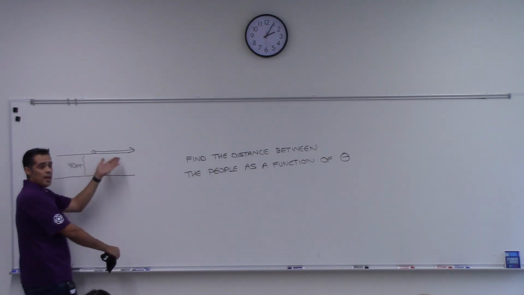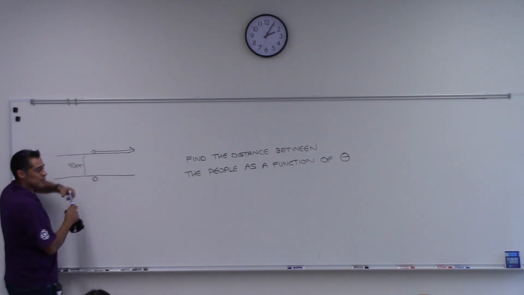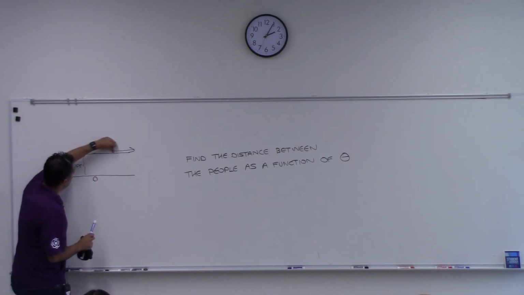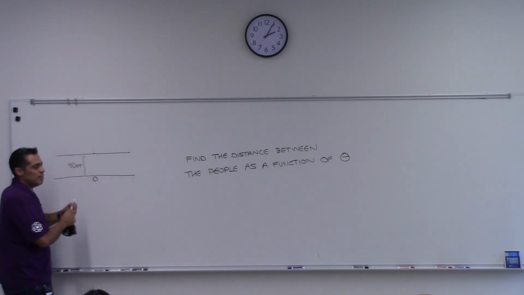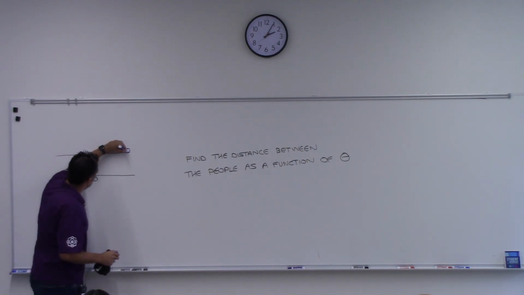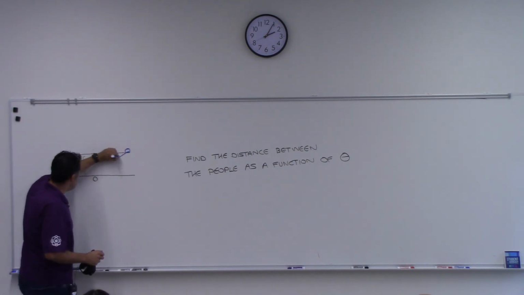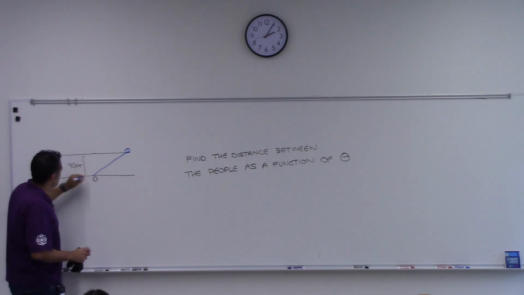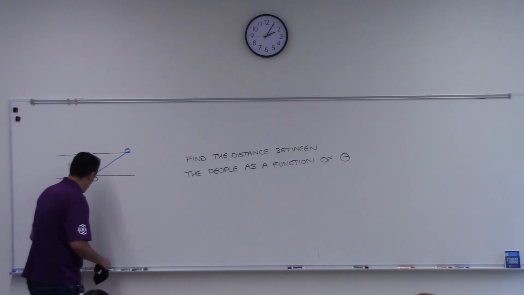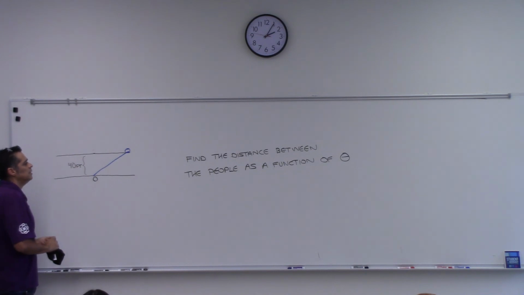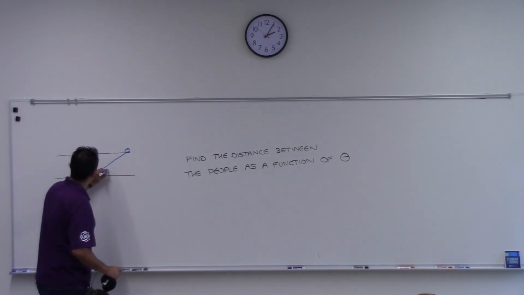So I have to draw something here for you to understand what's going on. I haven't drawn theta on this. I'm going to draw it. So imagine this person starts walking, okay? And they're going to be somewhere down here, right? That's the person. And let theta be this angle right here.